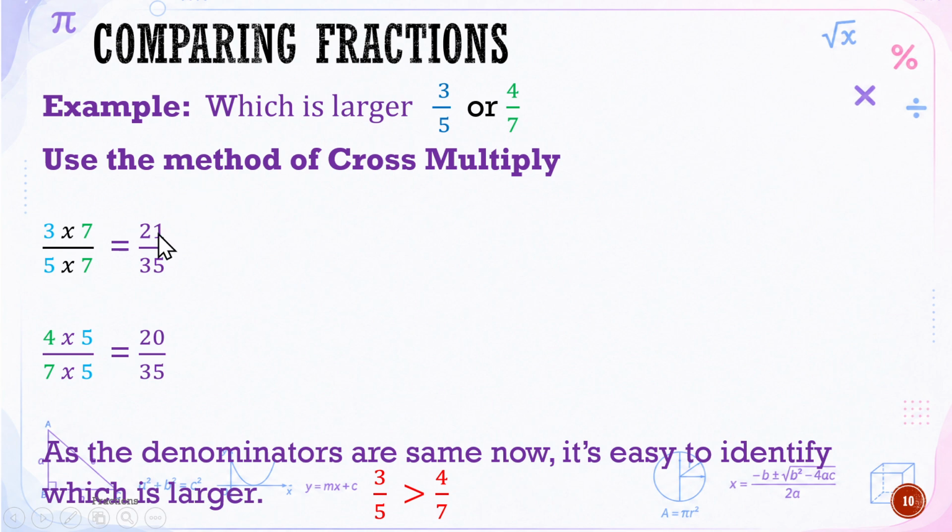Thus, between 3 by 5 and 4 by 7, 3 by 5 is greater than 4 by 7, because after cross multiplication the numerator of 3 by 5 is 21 and the numerator of 4 by 7 is 20. So 3 by 5 is greater than 4 by 7.